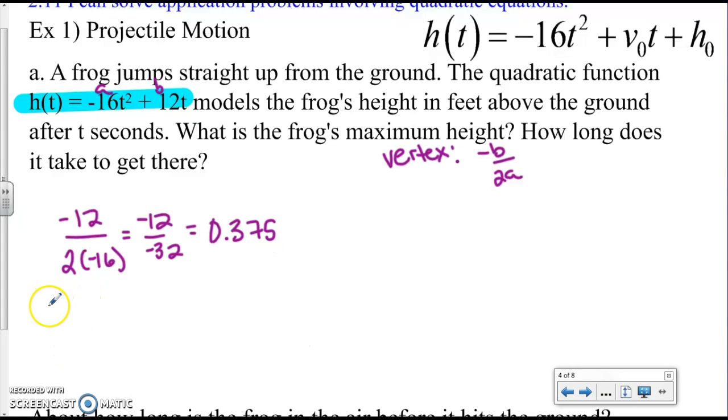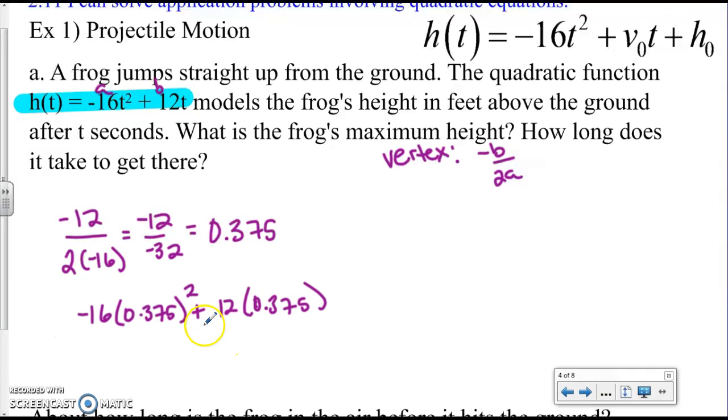The y value we need to find by plugging that back in. So negative 16 times 0.375 squared plus 12 times 0.375. We plug that into our calculator and we actually get 2.25.